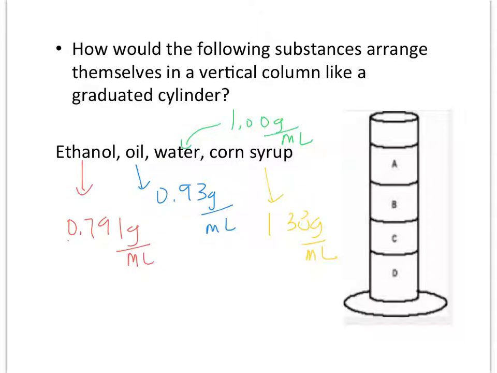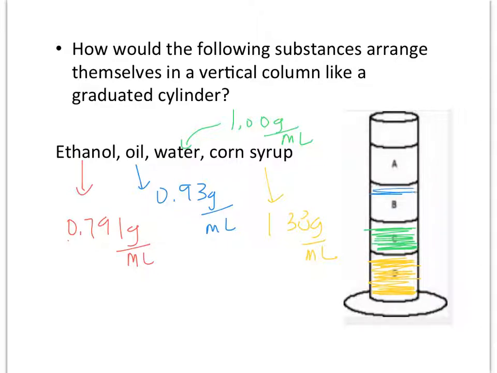Okay, so the yellow corn syrup is the most dense, so that would be liquid or substance D. And then the next highest in terms of density is going to be the water, so the water will be substance C. Next on the vertical column is going to be the oil.